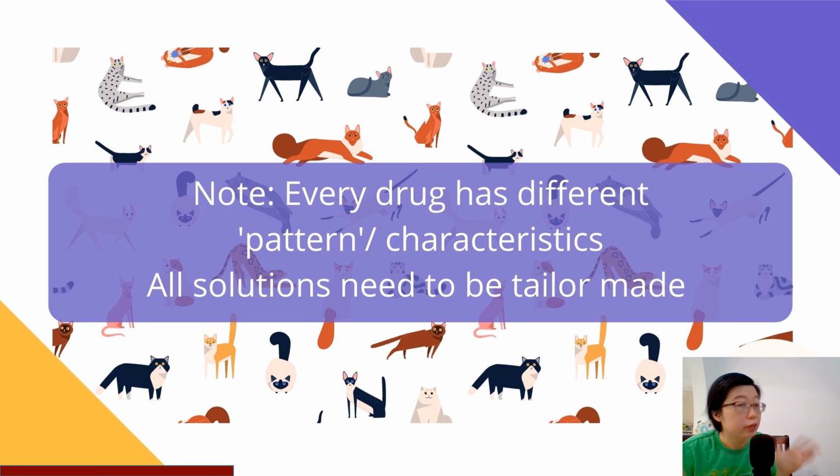I think you've seen this slide before in the first video on bioequivalence. This is just a reminder that every drug is different, so we try to categorize them, like the ones you've seen earlier, such as endogenous substances. Later on we have more categorization of the drugs that we're going to go through under this section, on how we collect the data on the characteristics that we want to investigate.